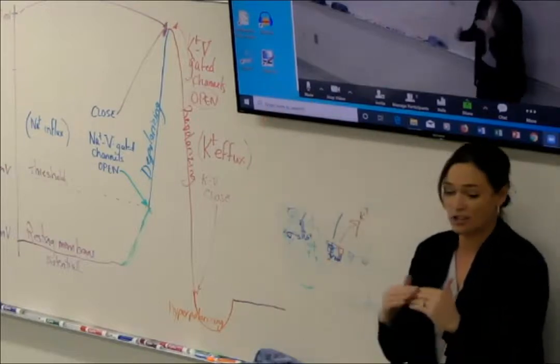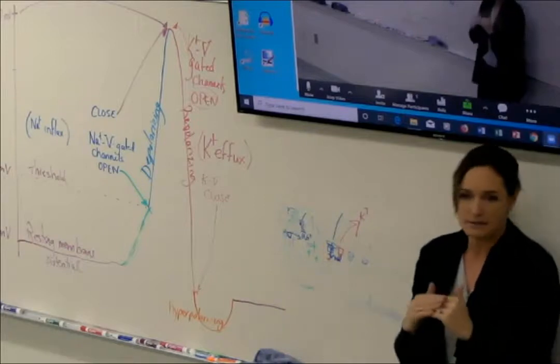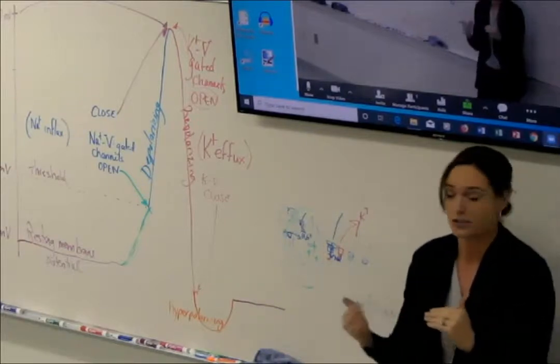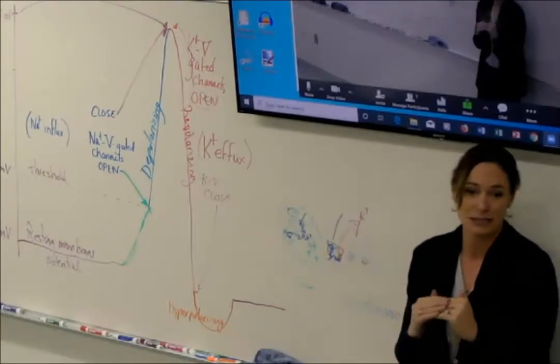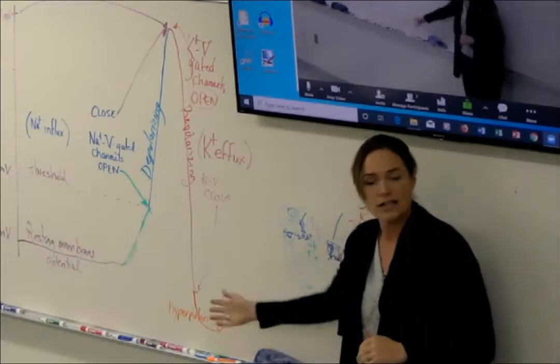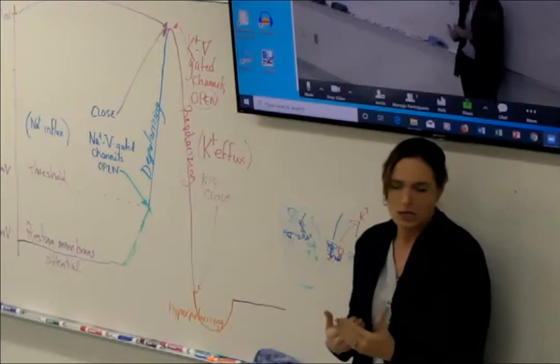During repolarization it was absolutely no, it will not open again. But once it gets to -70, it says, okay, but you're going to have to give me a stronger stimulus than reaching the threshold. You're going to have to go past that to really mean business, and then it will open. So that's known as relative refractory, like it's recovered but not all the way.